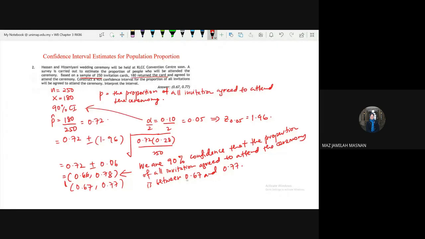So 67% until 77%. Or if you convert this into a number, 67% would be 0.67 multiplied by 250, more or less 167 or 168 people. So you can simply put that in.